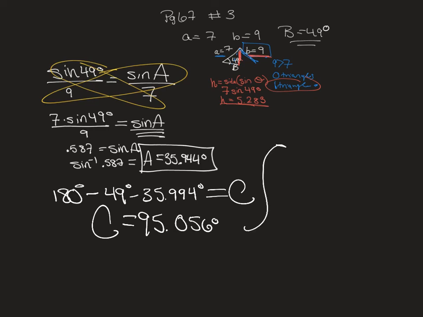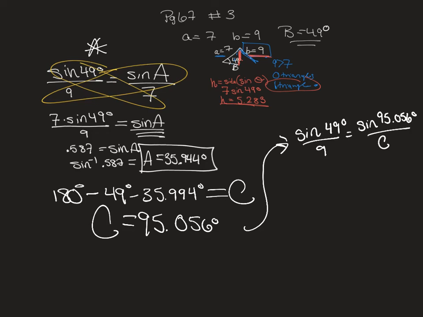And I'm going to do a law of sines one last time. Again, I'm going to go back to my original ratio up here and not use a rounded answer. So I'm going to do sine of 49 degrees over 9 equals sine of 95.056 degrees over little c.